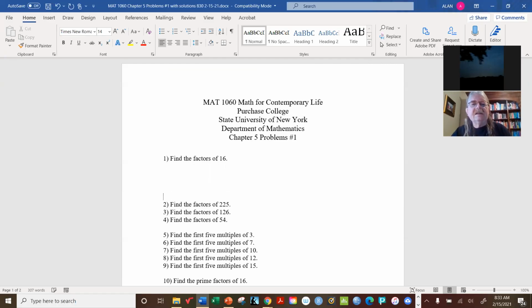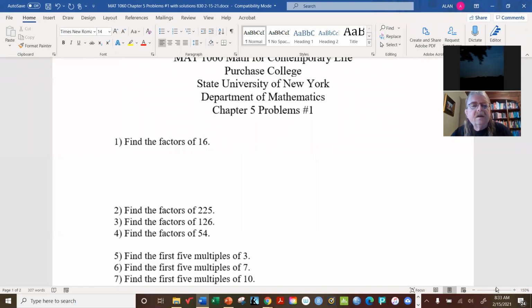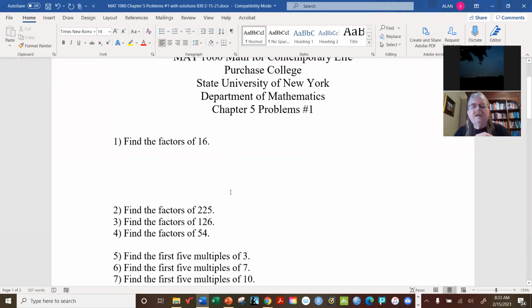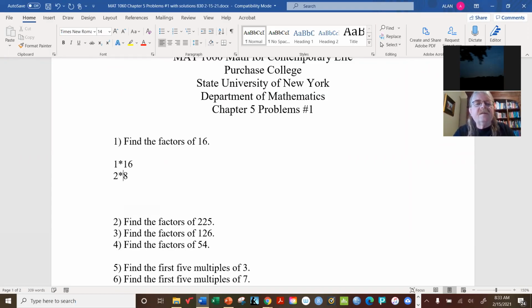So we start with 16. All right, now we know that every number has at least the factors 1 and itself. So we'll start with 1 and 16. You don't have to do it this way, but I think it's easier to start writing out a list of all the factors. Start with 1, and of course you'll have 1 with 16, 2 in this case with 8.